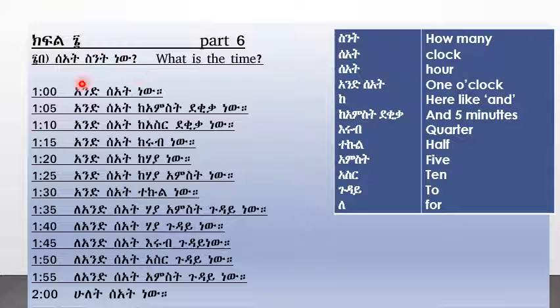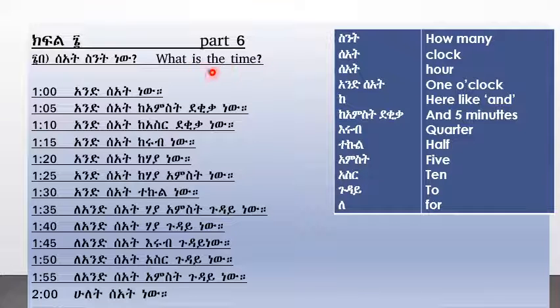Then you remember the numbers. This is 1, this is 5, 10, 15, 20, and here we have 10, 15, 20, 25, 30, 35, 40, 45, 50, 55, 2 ሰዓት.